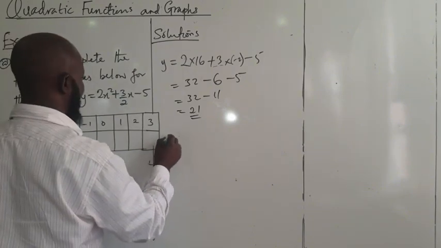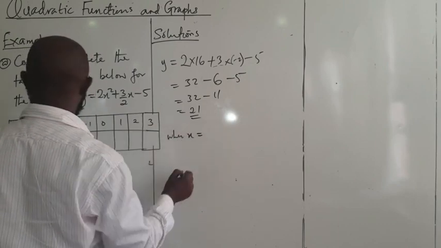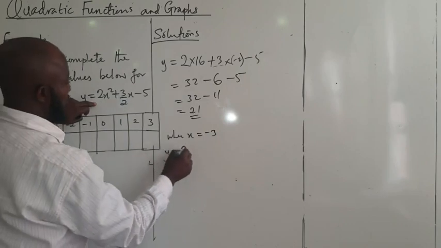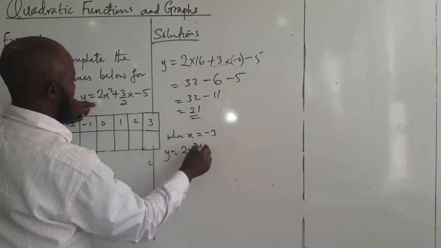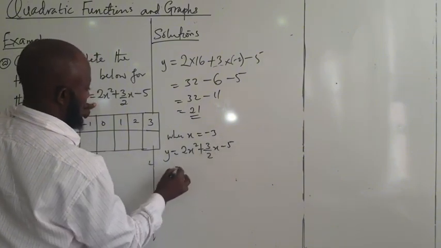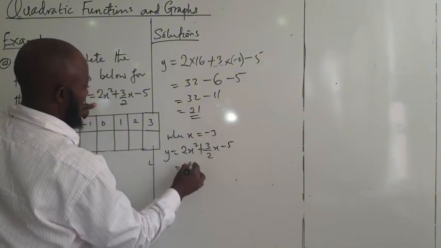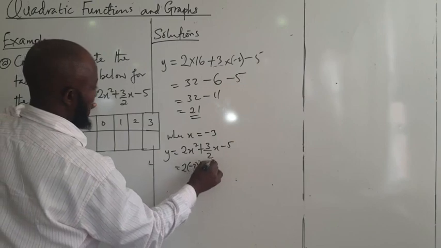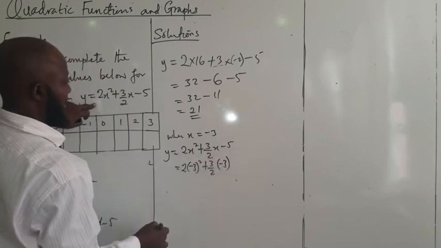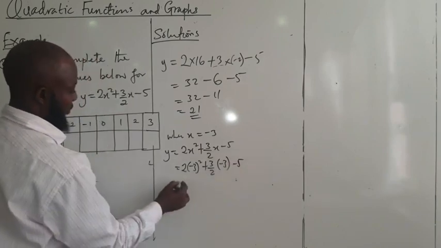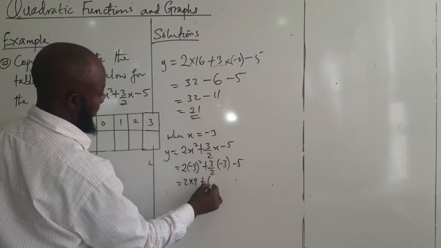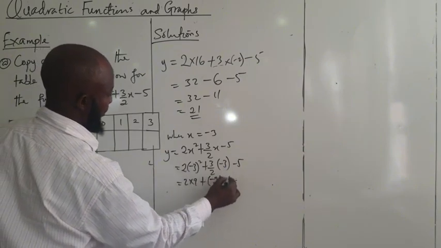When x is minus 3, y equals 2x squared plus 3 over 2 x minus 5. So that is 2 into minus 3 squared plus 3 over 2 into minus 3, then minus 5. So that means 2 times 9, plus minus 9 over 2, minus 5.